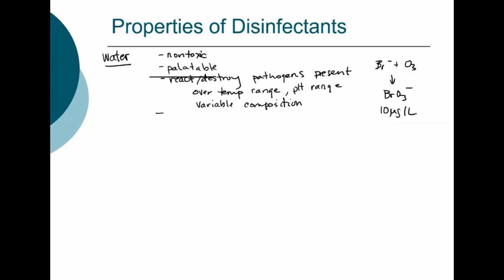Other properties we would want of a disinfectant. It has to be cost effective. People don't want to pay a lot for water. It has to be safe to transport, store, handle, and apply. So for instance, we'll talk about gaseous chlorine.